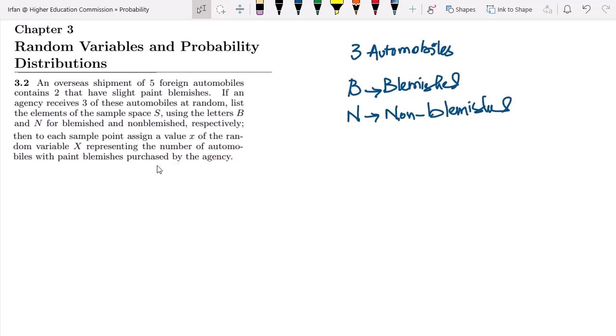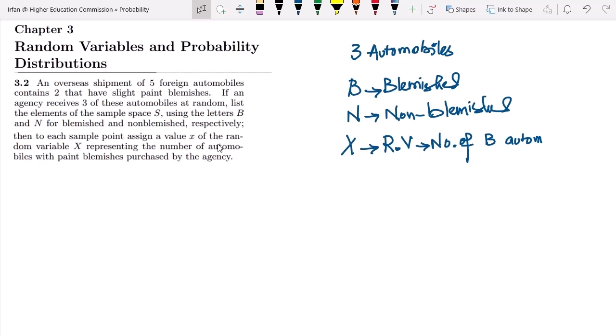So now here we have a random variable X, which describes the number of blemished automobiles, okay.